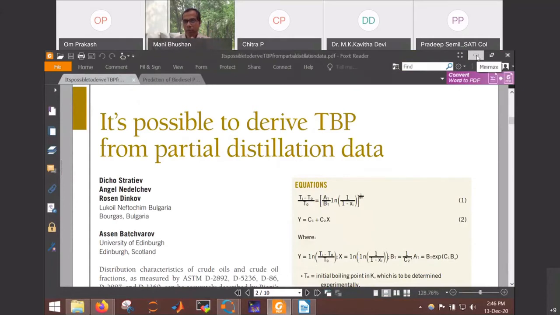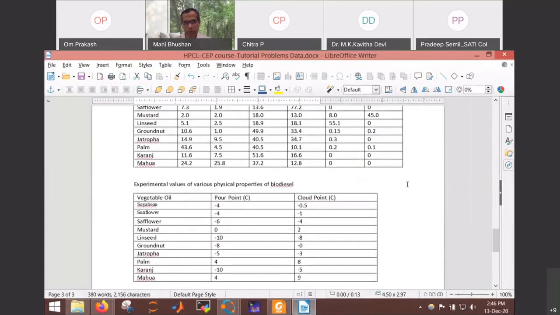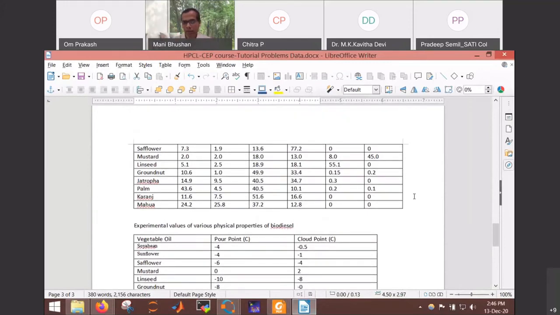What does it mean by true? In the first problem, where he was trying to predict the pour point, the pour point was a function of various properties with some coefficients. If I had all possible biodiesels with me and could fit a line for that, that would be the true parameters.